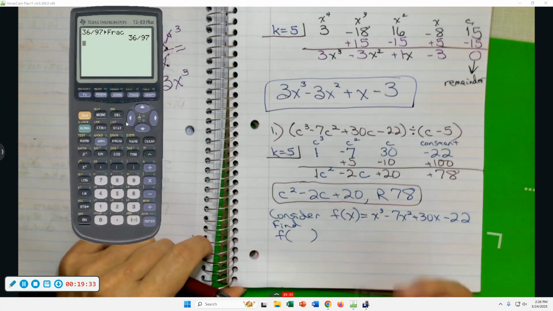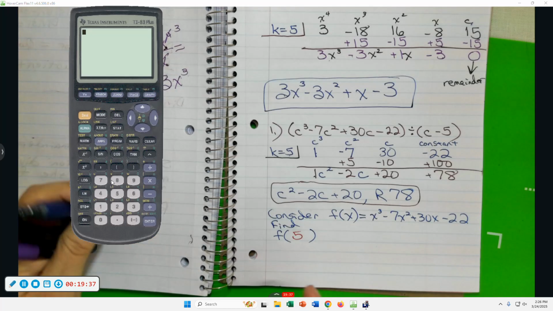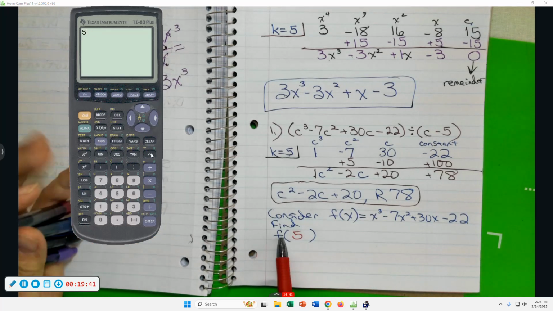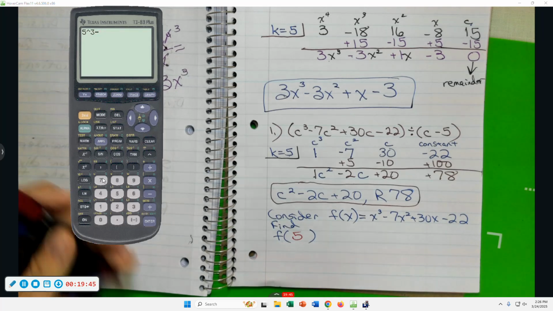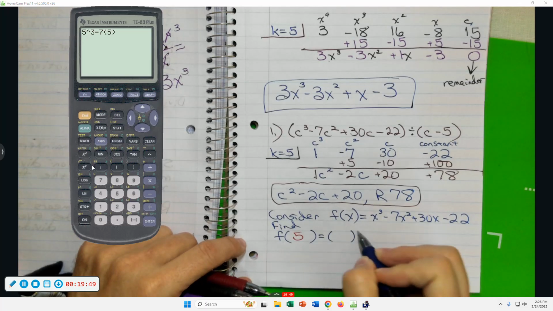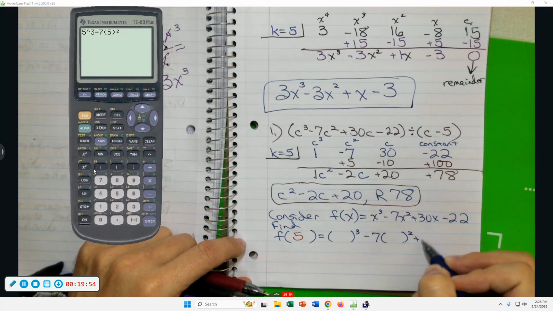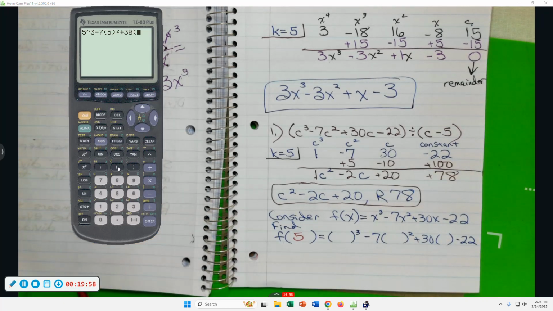f of 5. We know what function notation means. That's saying go to your function f, and wherever you see a variable, you're going to replace it with what? 5. So we have 5 cubed minus 7 times 5 squared plus 30 times 5 minus 22.